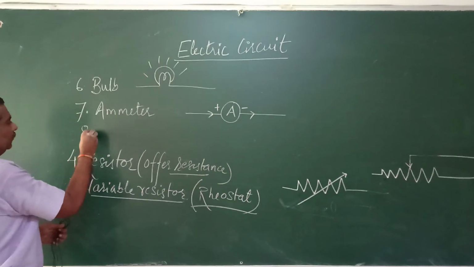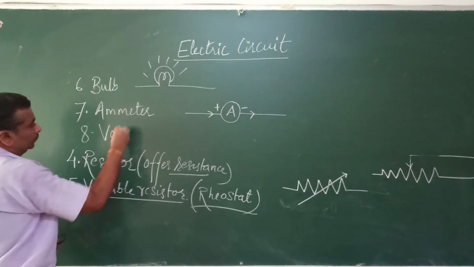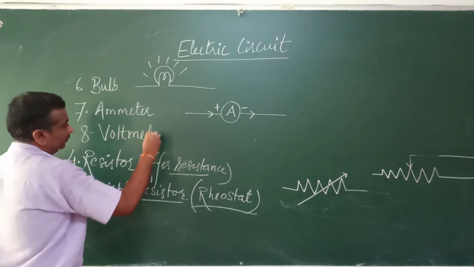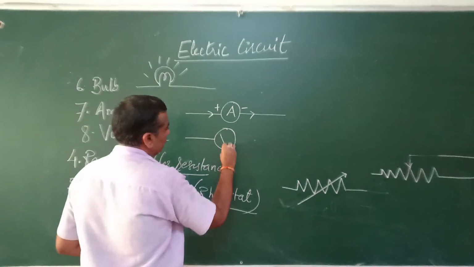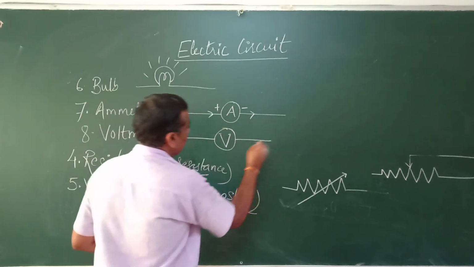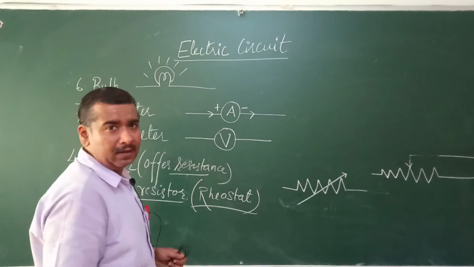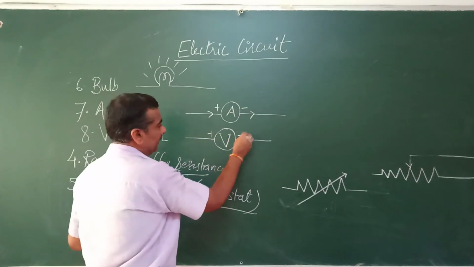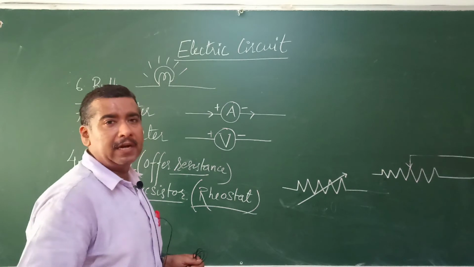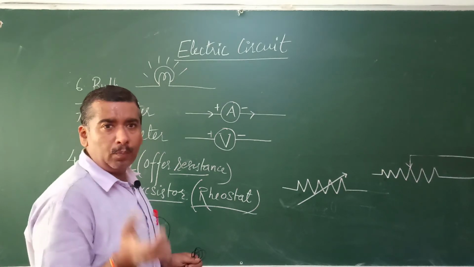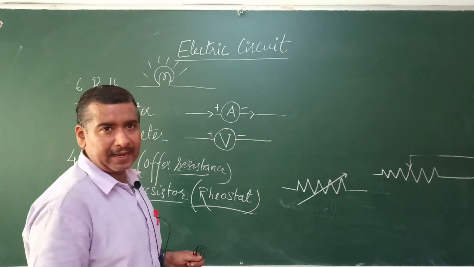Then the next one is known as voltmeter. Now voltmeter, once again the symbol is V, okay, and it is always connected in parallel. And it is used for measuring the amount of potential drop across 2 points in a circuit carrying current.